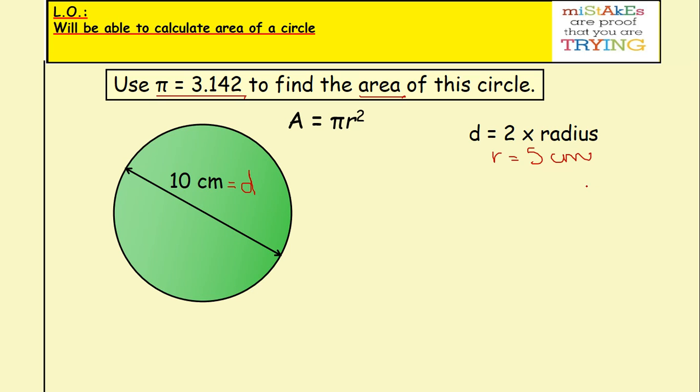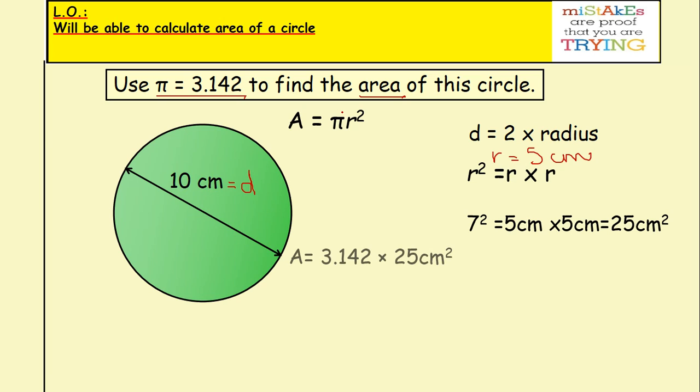And now we can figure out what r squared would be. r squared is 5 centimeters times 5 centimeters, which is 25 centimeters squared. And now the next step is to substitute all of the given information into my formula. So area is equal to 3.142 times 25 centimeters squared.